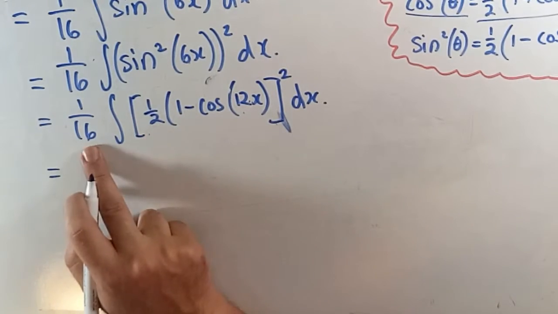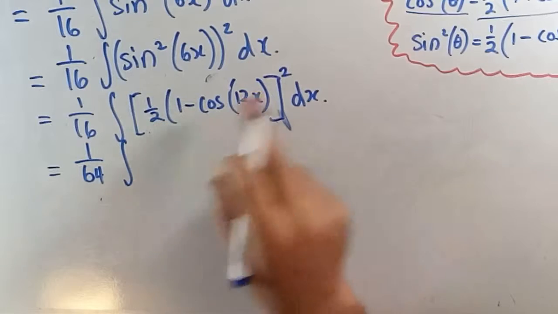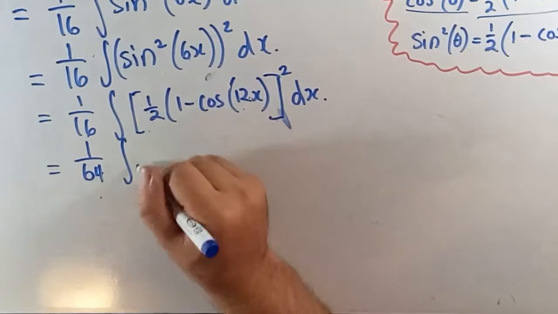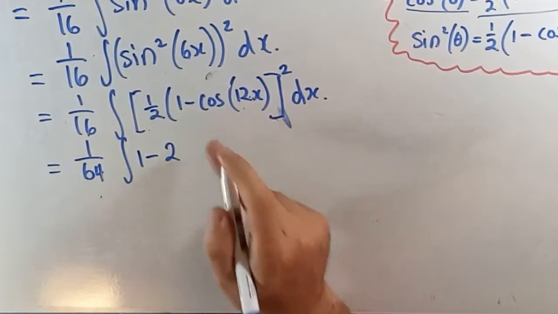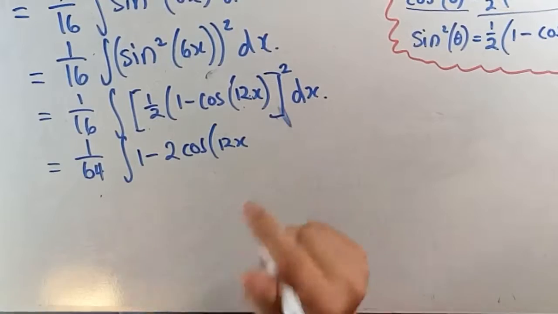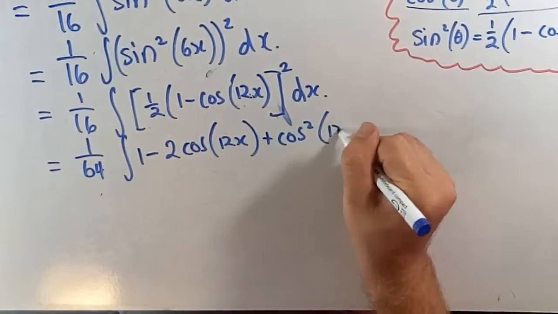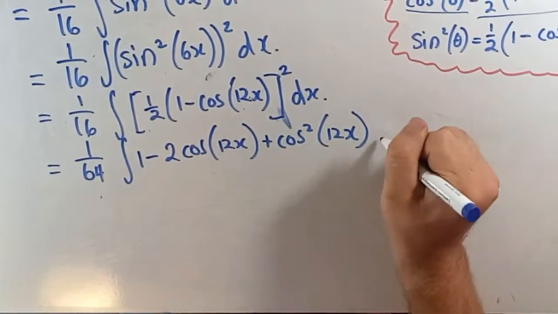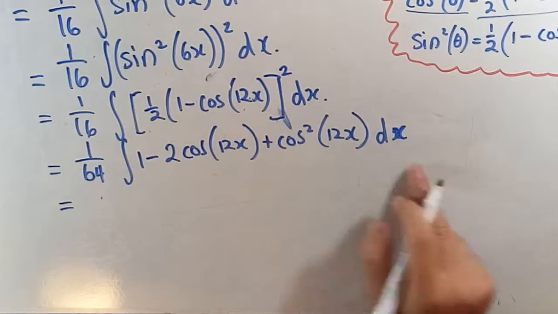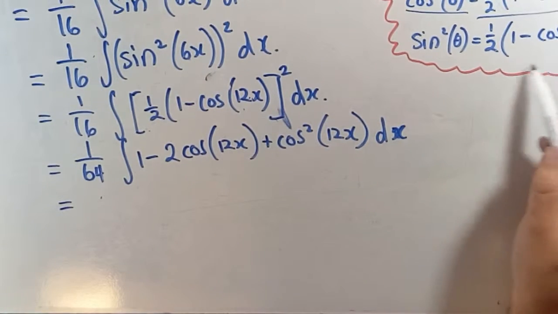I've got 4, so now I've got 1 on 64 out the front, half squared. 1 times all this squared, so now I've got 1 minus 2 cos of 12x, this is squared, okay, plus cos squared of 12x, dx. We haven't done the integration yet, but it's a lot of working without actually doing the integration.